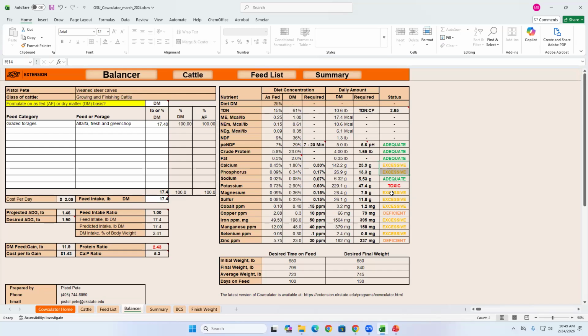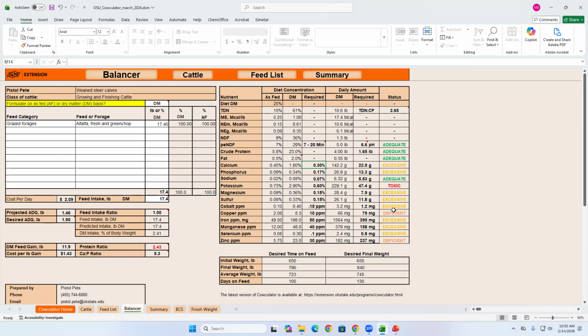They're well over our requirements. So this tells us the dry matter content of each of these nutrients. And this tells us what that animal requires each day. So if this content of the forage is greater than required, obviously we're meeting requirements. Does that make sense?